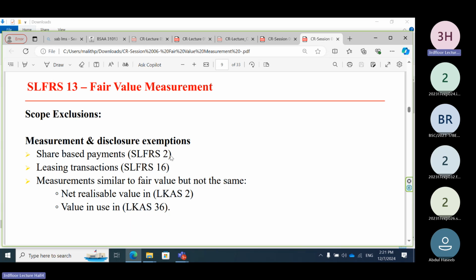It's a kind of market value, a kind of fair value, right? The standard itself gives the guideline on how to measure that. No need to use 13. That's why we can say there are measurement and disclosure exemptions. We can exempt from the measurement and disclosure perspective of these areas, right?